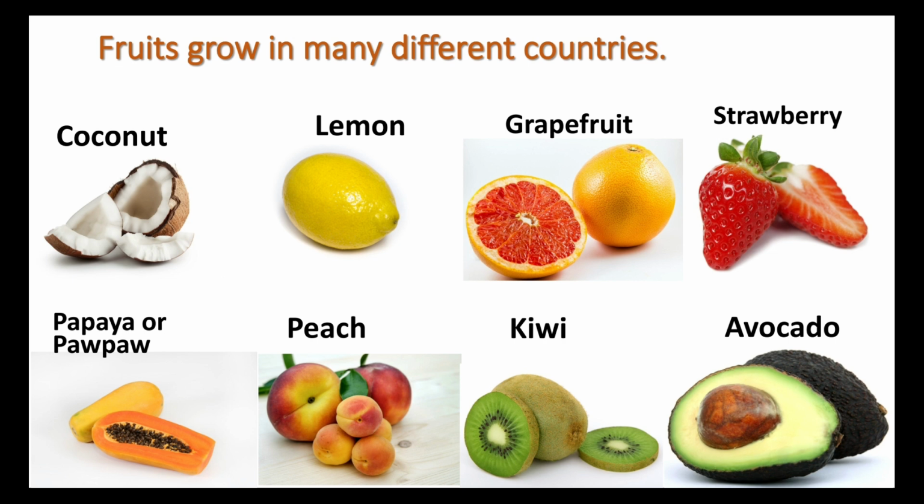Let us look at some more of these fruits. I will read and you can repeat after me or you can just listen. Coconut, lemon, grapefruit, strawberry, papaya or pawpaw, peach, kiwi, avocado.